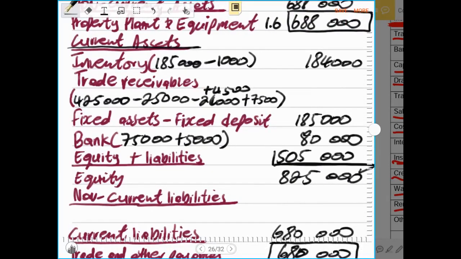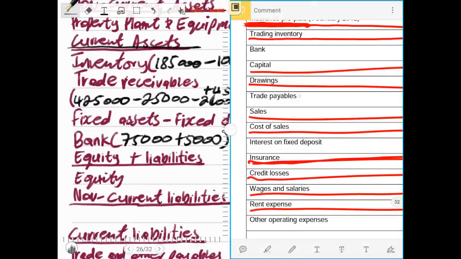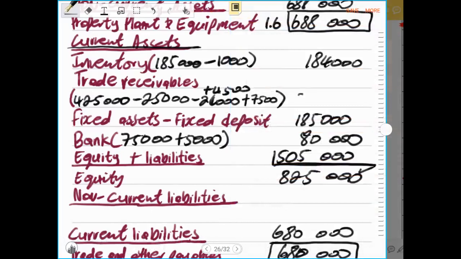Our total trade and other receivables, just adding the amounts, will give us 388,000 rands.